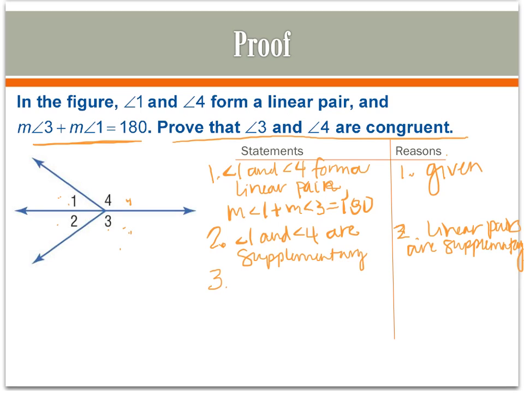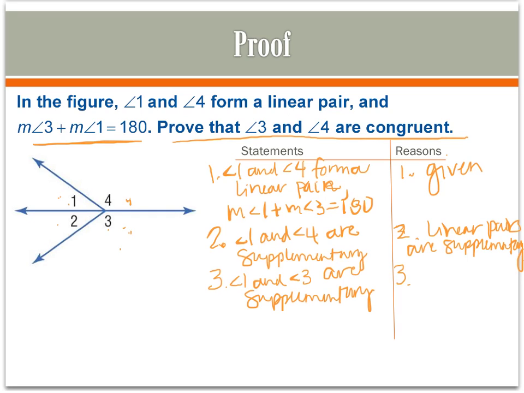I also know that 1 and 3 are supplementary because of the definition of supplementary angles. We know that supplementary angles have a combined measurement of 180 degrees. So I'm going to say that angle 1 and angle 3 are supplementary.